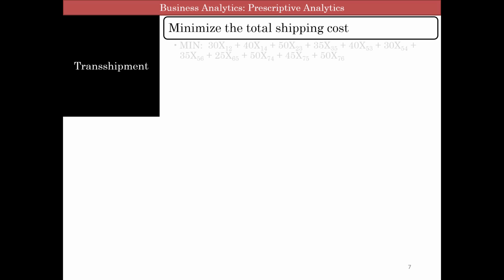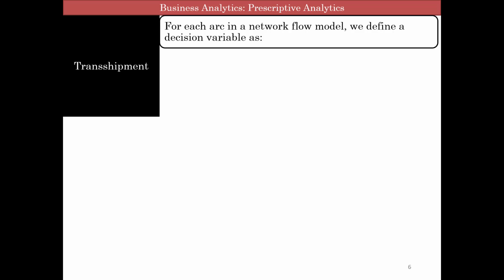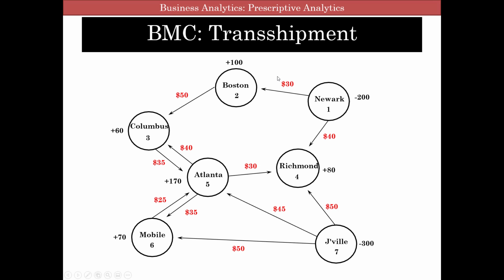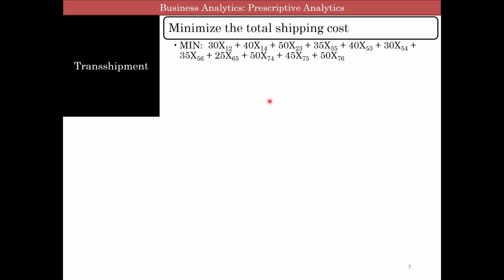Minimizing total shipment cost is, as usual, taking each of these arcs, these arrows. This is the supply point. So $30 per car, x12 is the number of cars we send from 1 to 2. That's the total cost.